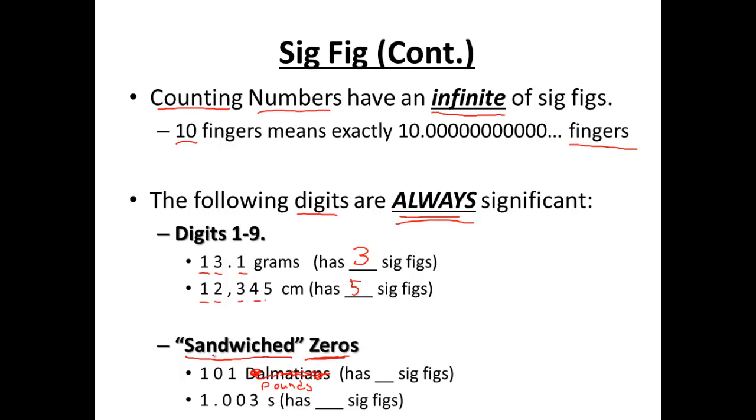Sandwiched zeros mean if we have 101, the zero in the middle is sandwiched between two numbers. So a sandwiched zero says we have 3 significant digits. Sandwiched zeros are always significant. So 1.003, 1, 2, 3, 4. Both zeros are significant in the measurement since they're sandwiched, meaning they're in between two digits.